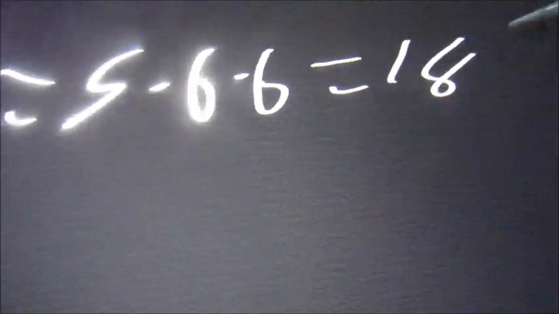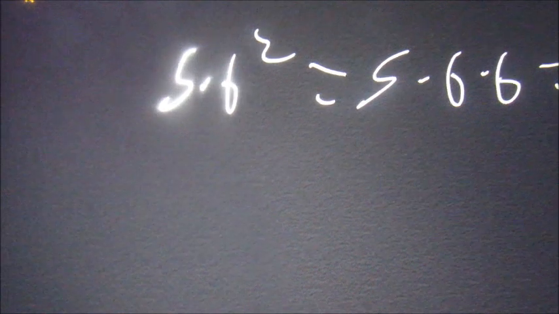But if we do it like we just did, we could say 5 times 6 times 6. If we break it up, then we can do this in any order. And 5 times 6 is 30, times 6 is 180. It doesn't matter if you want to break it up, you can. If you don't, then remember to do the exponent first.